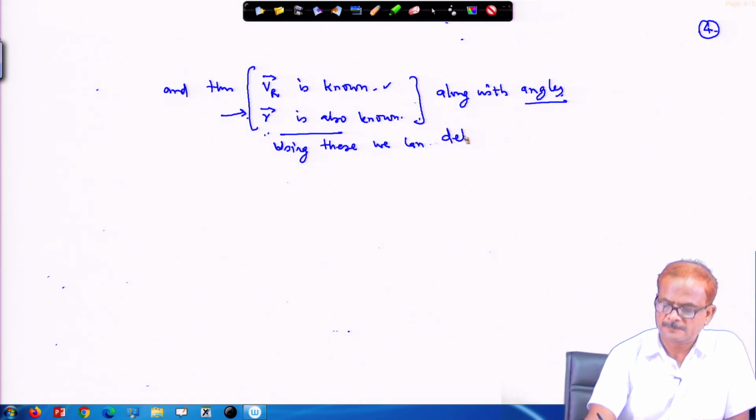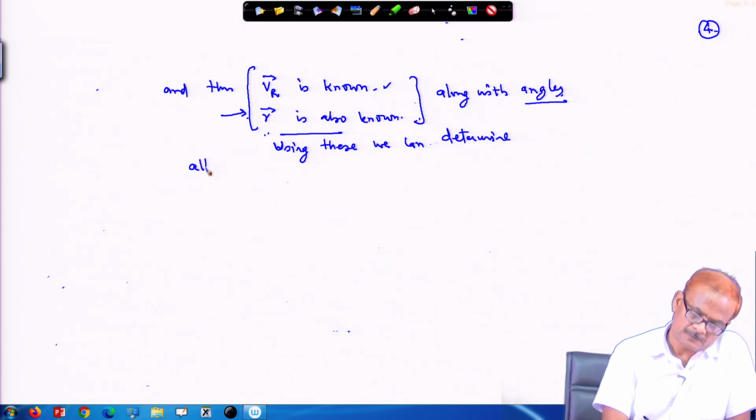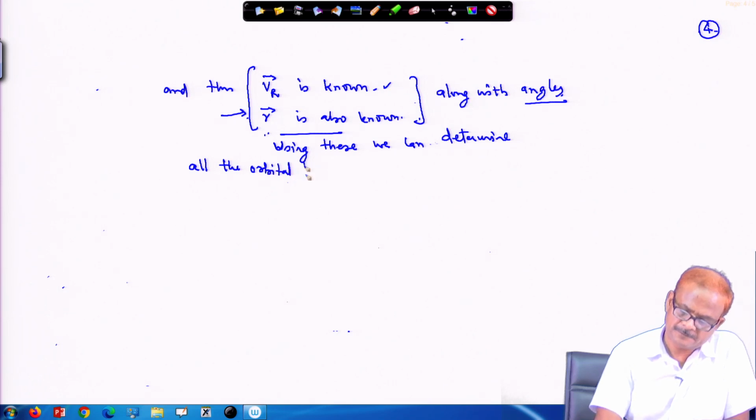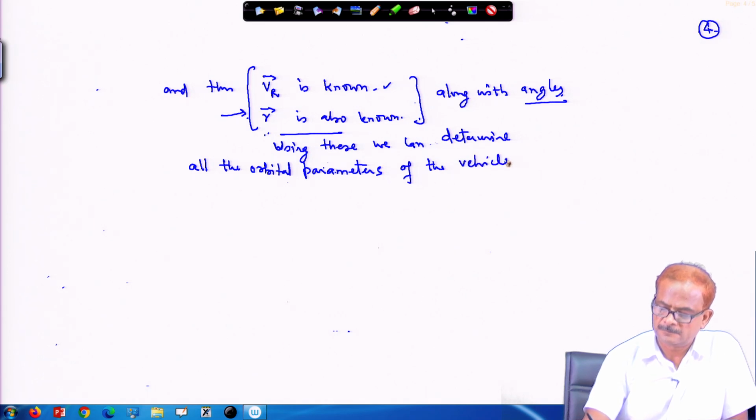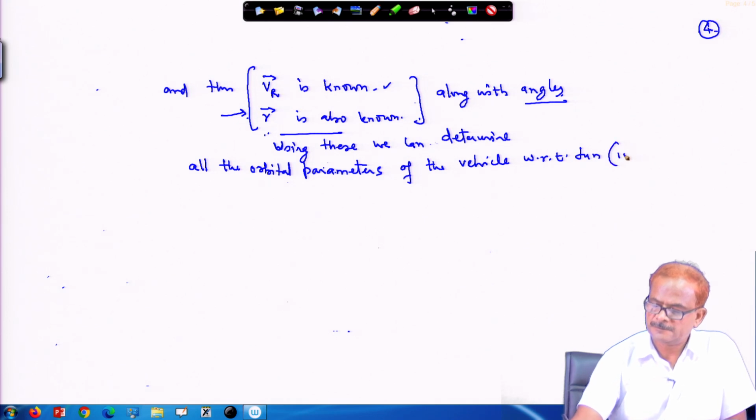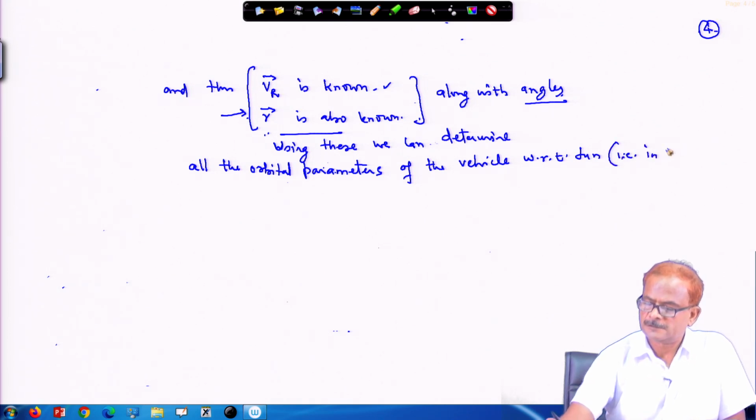we can determine all the orbital parameters of the vehicle with respect to the sun, that is in heliocentric orbit.